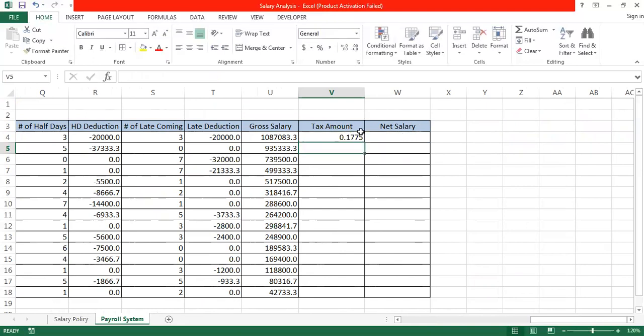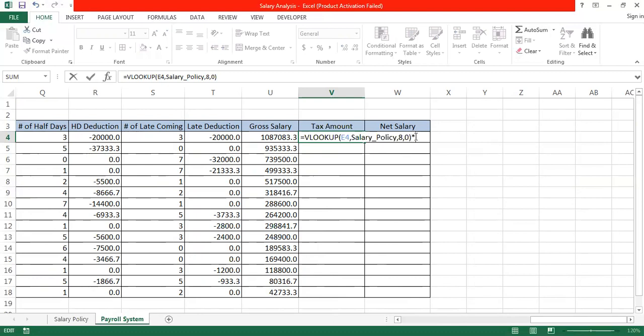You can see 17.75% means 0.1775. In terms of percentage, it is 17.75%. So this is my tax rate on base gross salary.